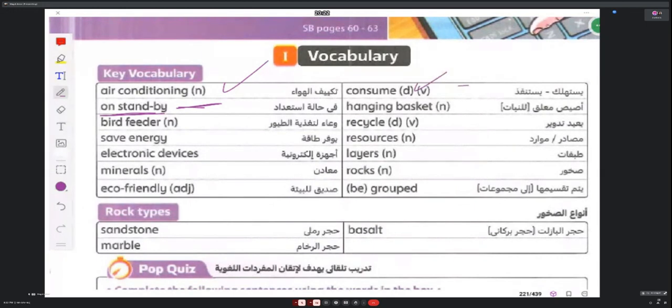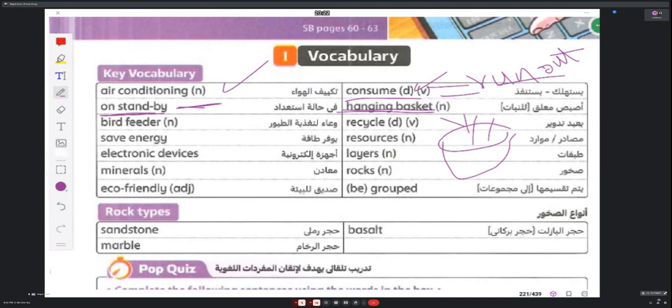Consume يستهلك means run out of. Run out means consume. Hanging basket: this is in my villa. I have a garden, so I use a hanging basket for plants, and I also use a bird feeder, but this will be hung.